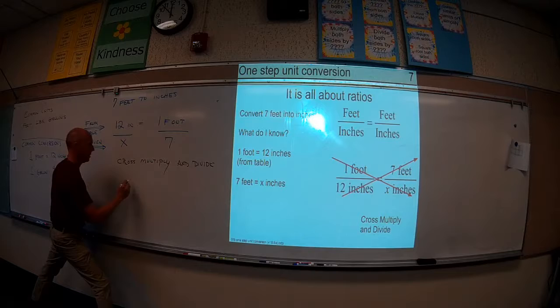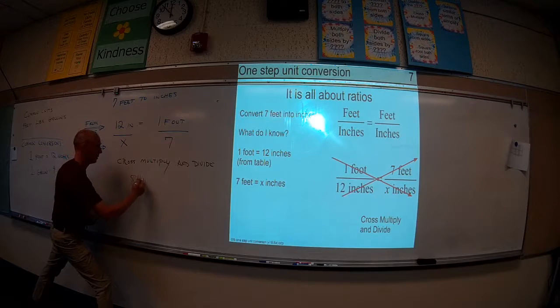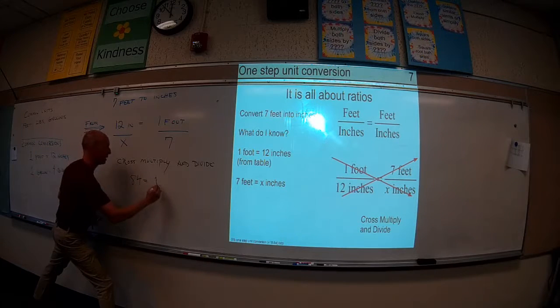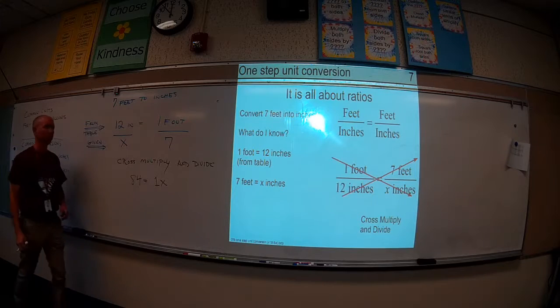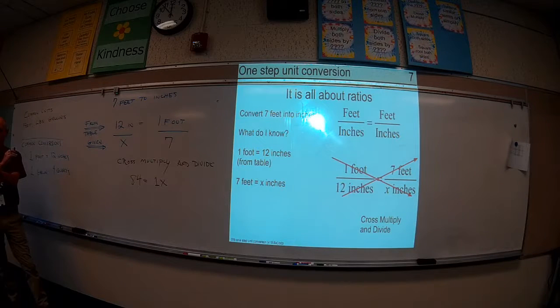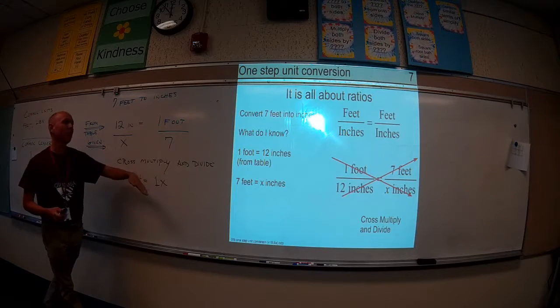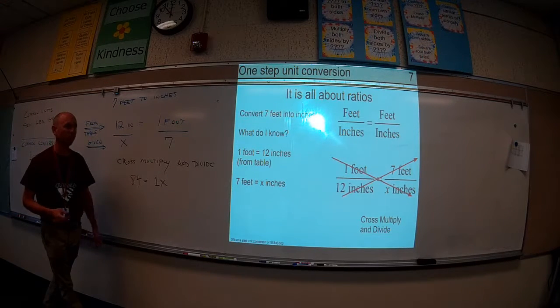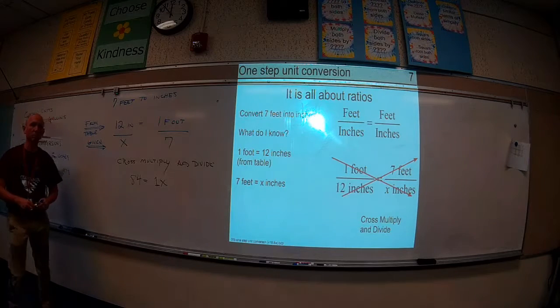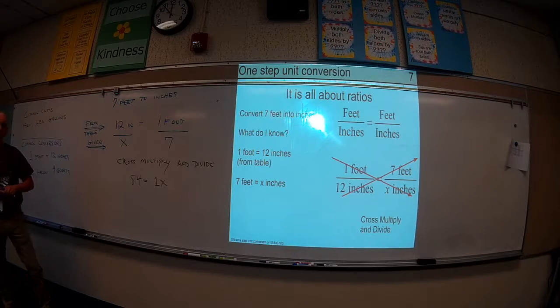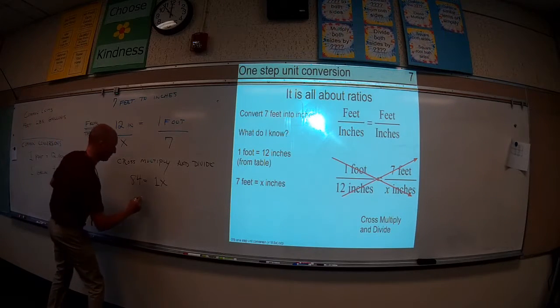Yes. 84 equals 1 times x. There's my cross multiply. Division doesn't do much here because I'm just dividing by 1. When there's only one x, you can still write it, I'm just showing that I really did the cross multiply. So x equals 84. 84 what? Inches. 84 inches.